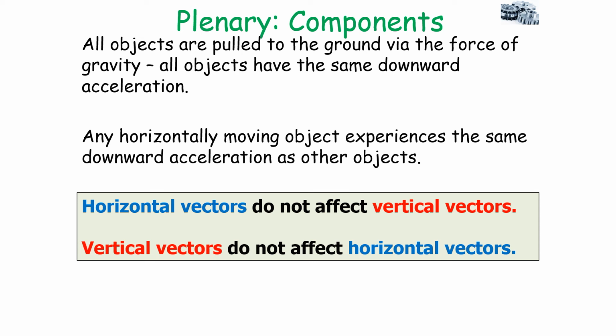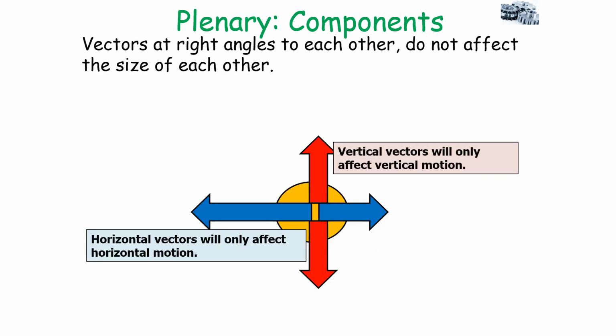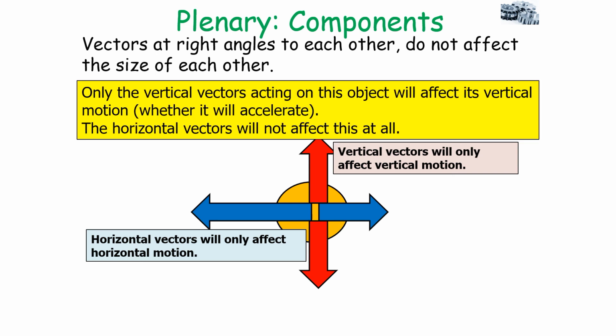Now any horizontally moving objects experience the same downward acceleration as the other objects, because horizontal vectors do not affect vertical vectors and vertical vectors do not affect horizontal vectors. So to clarify this idea, vectors at right angles to each other do not affect the size of each other. Horizontal vectors will only affect horizontal motion, vertical vectors will only affect vertical motion.